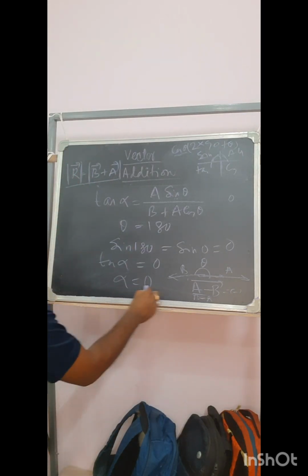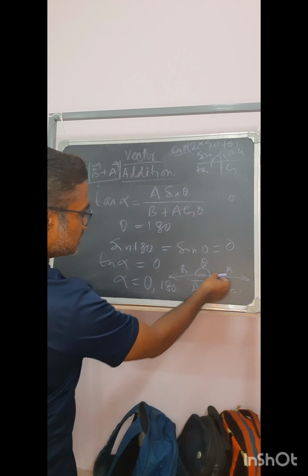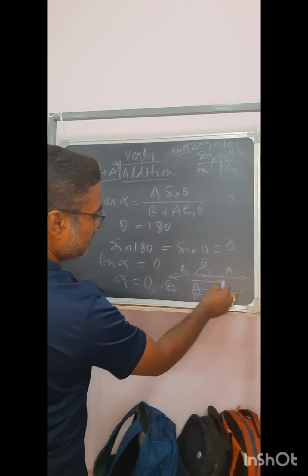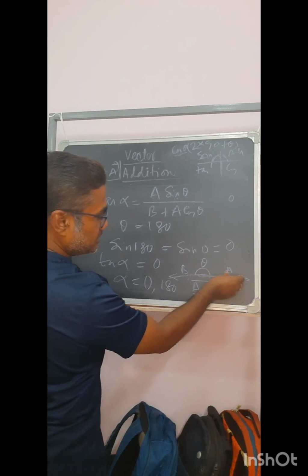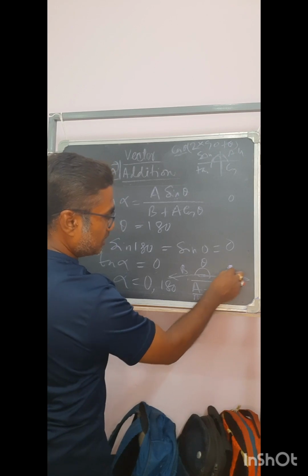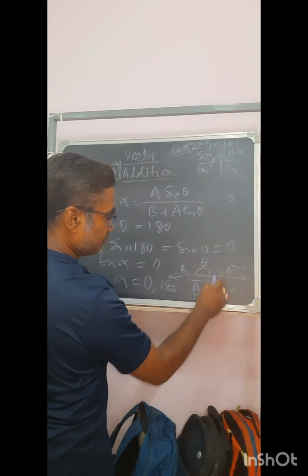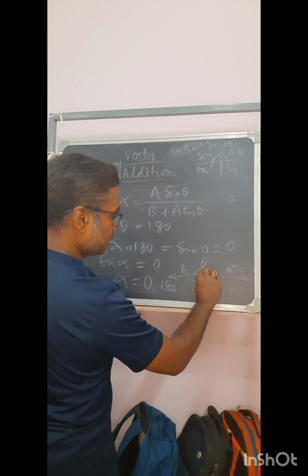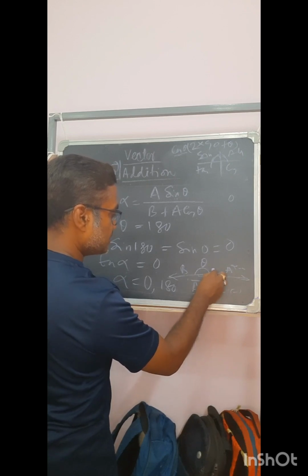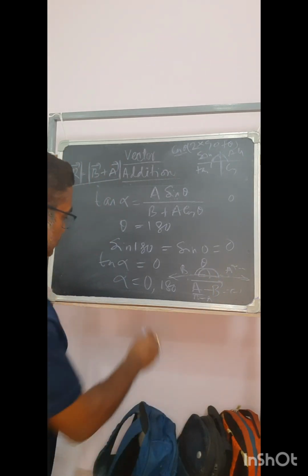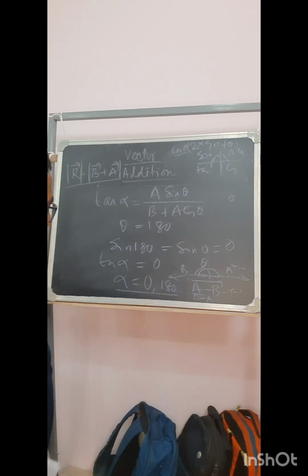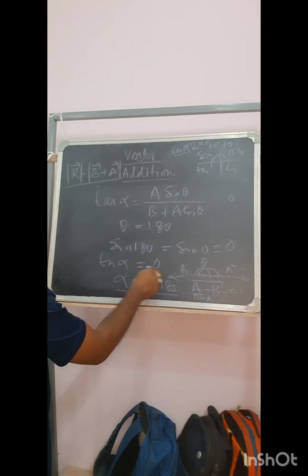Or you can say 180 degrees. If a is higher, the resultant will be in this direction, so with the base vector alpha will be 0. If b is higher, the resultant will be in the opposite direction, so with the base vector it will make 180. Both cases are possible for tan alpha equal to 0.